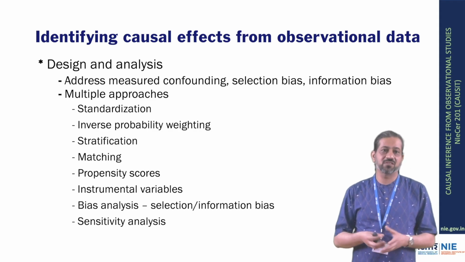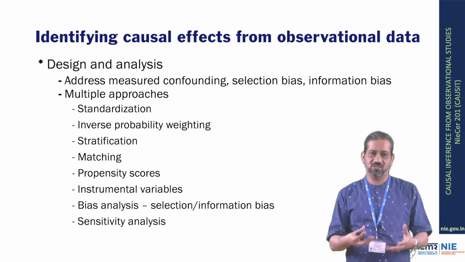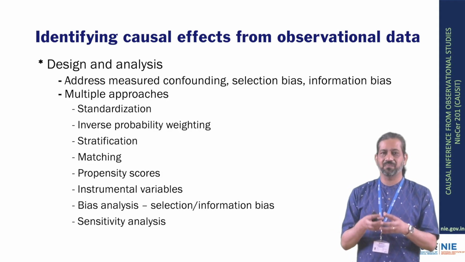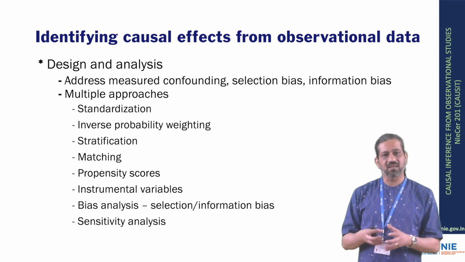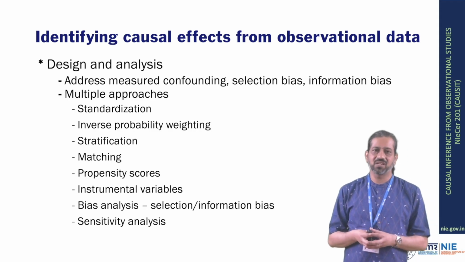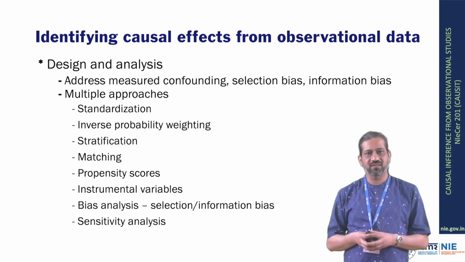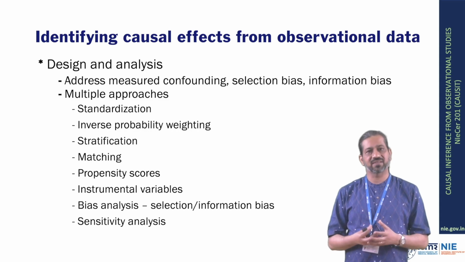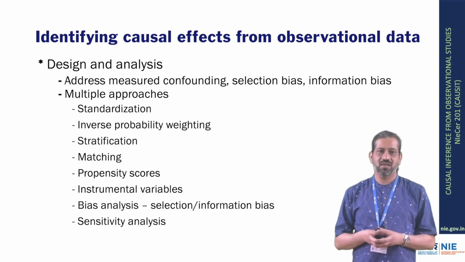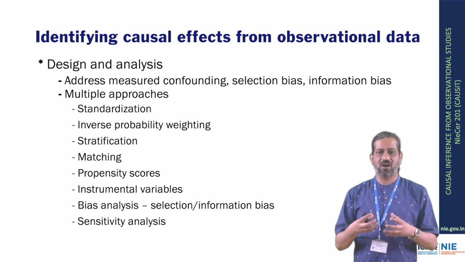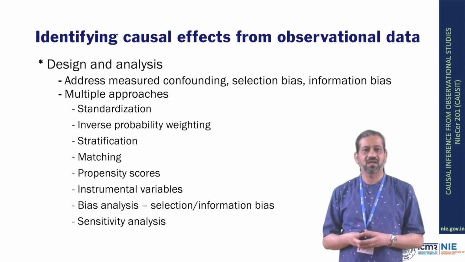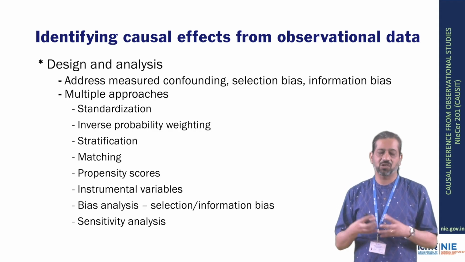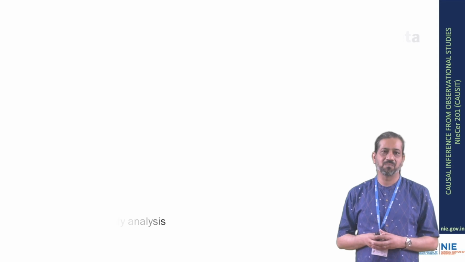Although we will not be going into detail of each one of them here, which is beyond the scope of this course, I just want to emphasize that although mathematically and statistically we need to be really careful when we are analyzing observational data, it is possible to estimate causal effects from observational studies if we are careful in terms of how we analyze the data and how we interpret the data in light of not just the random errors, but also the systematic errors or biases.